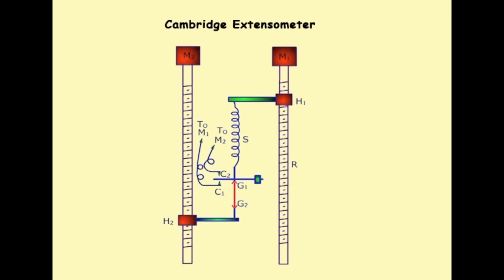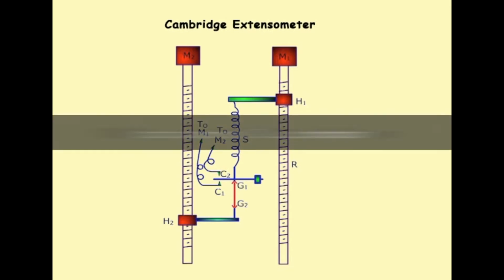The upper end of the helical spring is clamped into a holder H1 which has a vertical movement controlled by the motor M1 driving a screwed rod R. The vertical movement of the grip 2 is controlled by the motor M2, and it is possible to test the specimens under both constant rate of loading and constant rate of extension conditions.